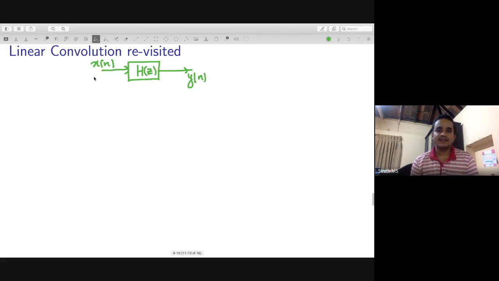So if x[n] has a z-transform X(z) and y[n] has a z-transform Y(z), H(z) is basically the transfer function. You know that Y(z) is X(z) into H(z).